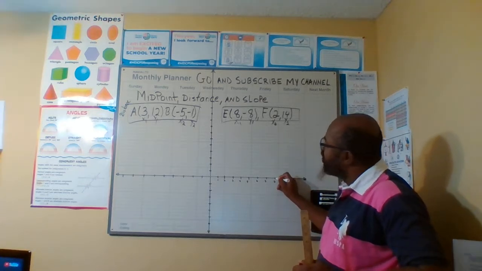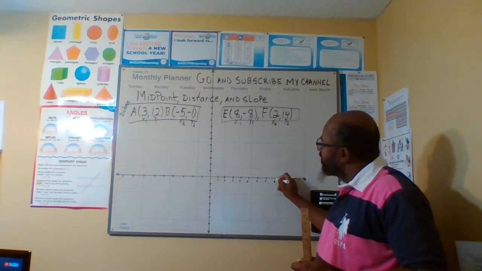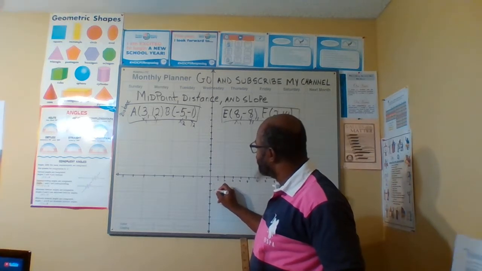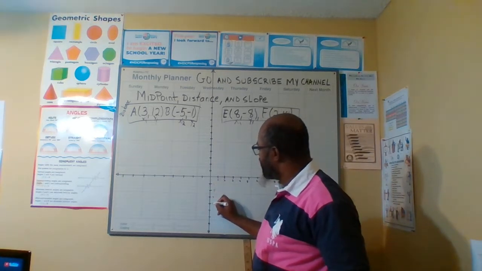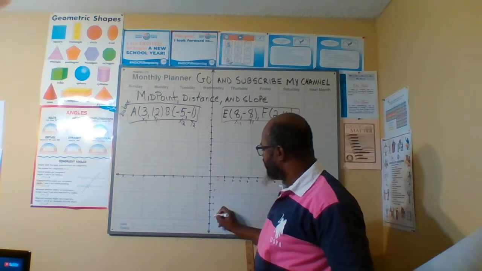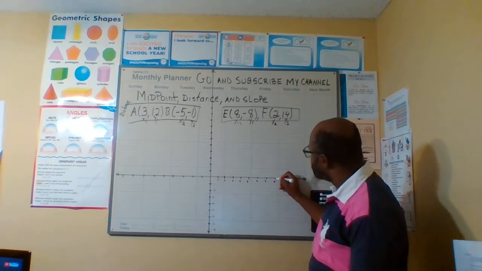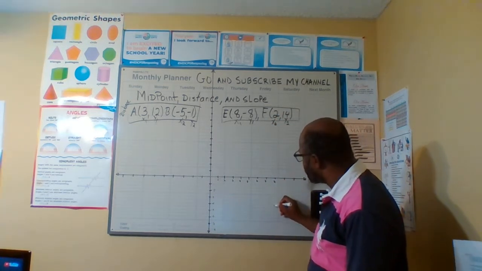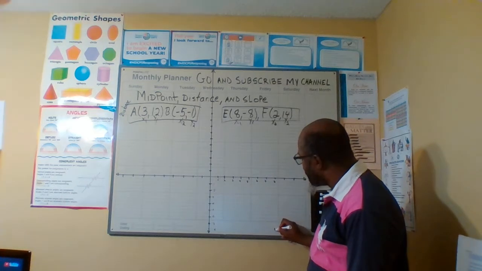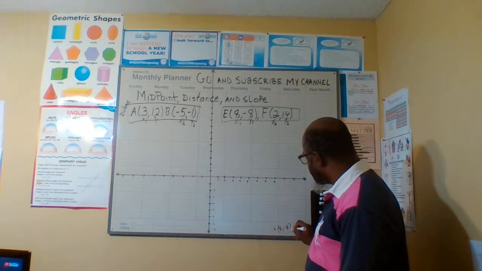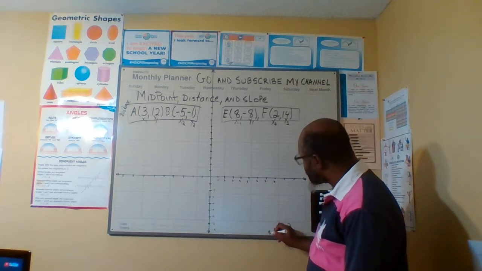Then I will have to go down 8, negative 8: negative 1, negative 2, negative 3, negative 4, negative 5, negative 6, negative 7, and negative 8. So this is 8 and negative 8 in the fourth quadrant. So that will be E.